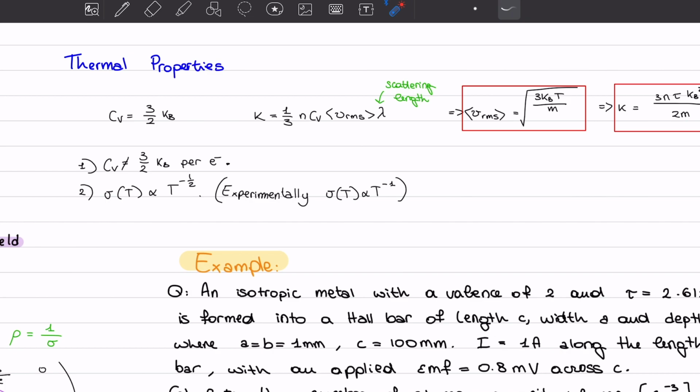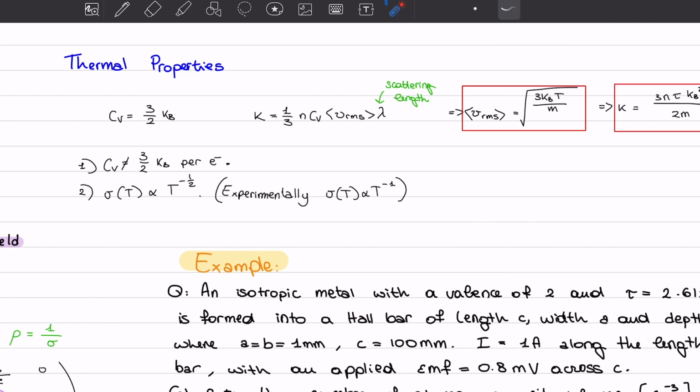Now this comes from the kinetic theory of an ideal gas, and we'll see later that this is actually incorrect per electron, and it will soon be fixed by the next theory.